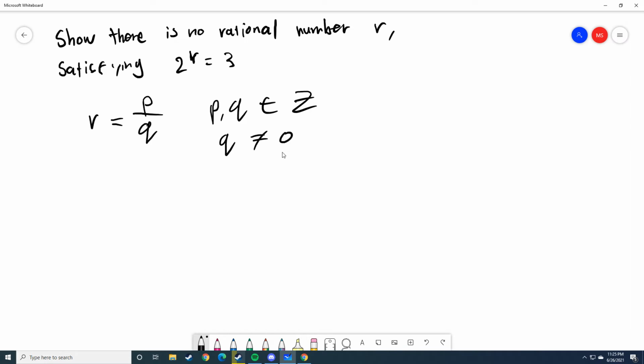So r is a rational number if it can be set equal to some integer p over some other integer q, and q is not 0. That's just some review on the definition of a rational number. And we're going to try and show that r cannot be a rational number.